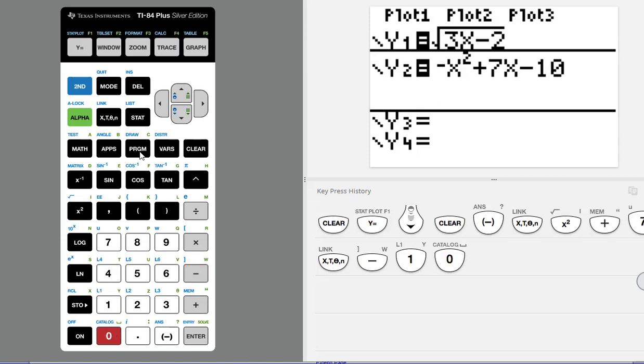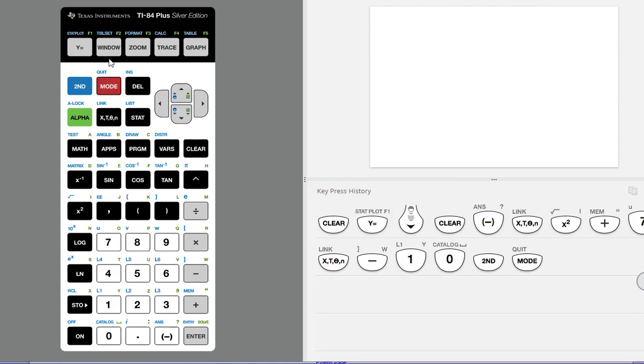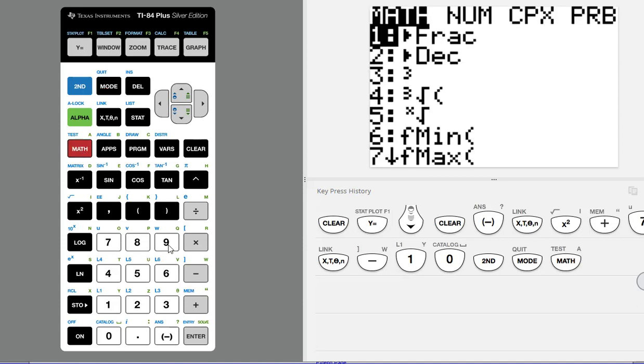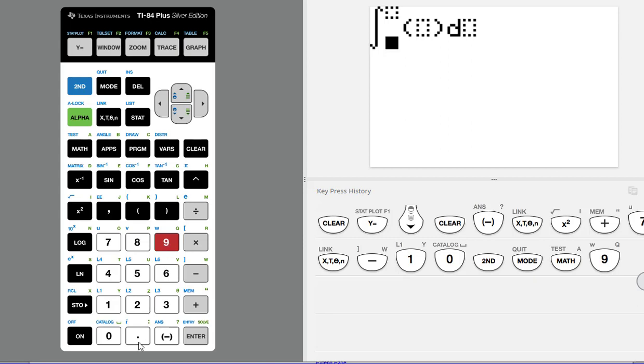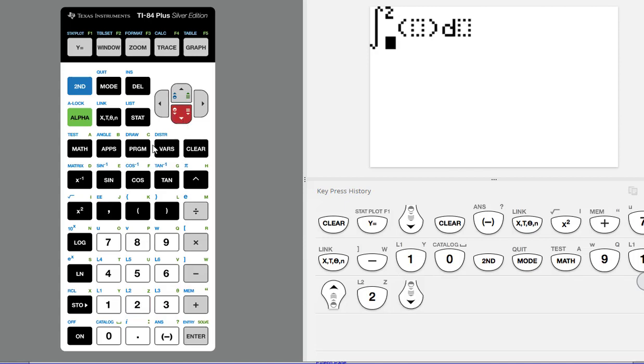Okay, we've got that there. So now I'm going to integrate. So we're going to go to math, option 9. Okay, I'm going from 1 to 2. My function is y2.